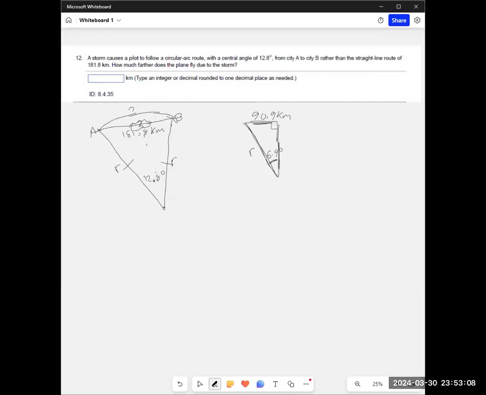That gives us enough information to solve for R, saying that sine of 6.4 degrees is equal to 90.9 kilometers over R. So R is equal to 90.9 kilometers over the sine of 6.4 degrees.